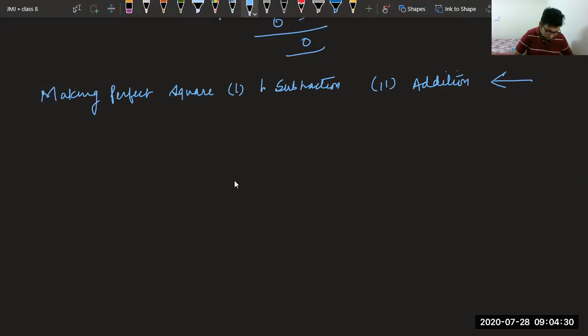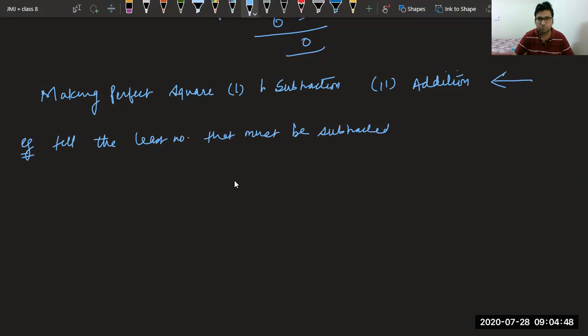Okay. So first of all, you tell me the least number. Example I am asking. Tell the least number that must be subtracted from largest 2-digit number to make it perfect square.